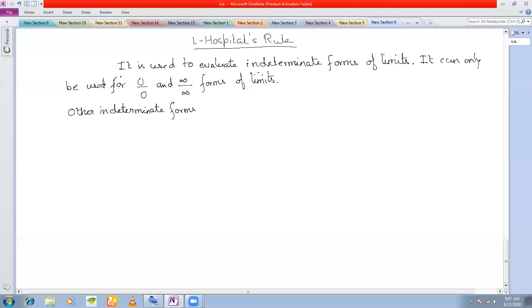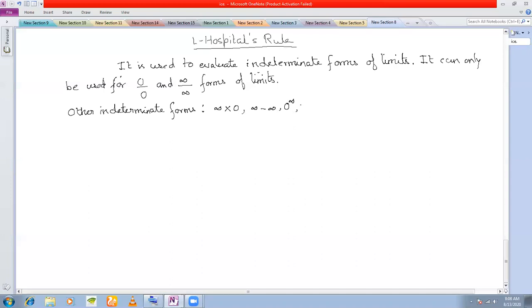There are other indeterminate forms. And what are those forms? Those forms are infinity into 0. This is an indeterminate form. Infinity minus infinity. This is another indeterminate form. Apart from this, you have 0 to the power of infinity.